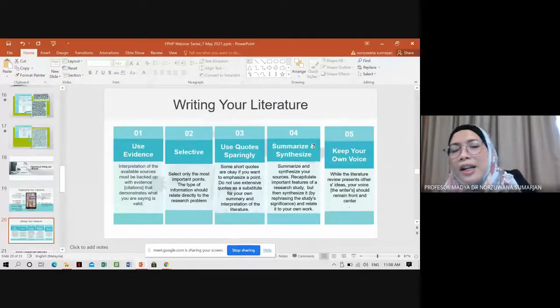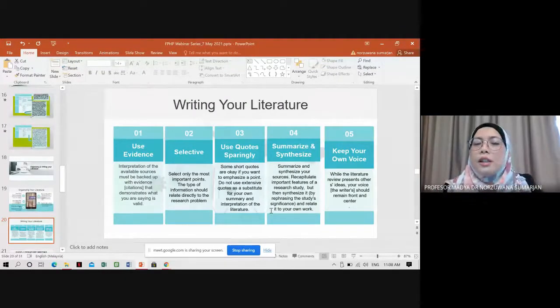Next is summarize and synthesize. This is the challenging part, especially for us when our mother tongue is not English. I do understand this, but this is what you have to do in the literature. You have to summarize and synthesize your sources. You cannot just say author A said this, author B said this, author C said this.